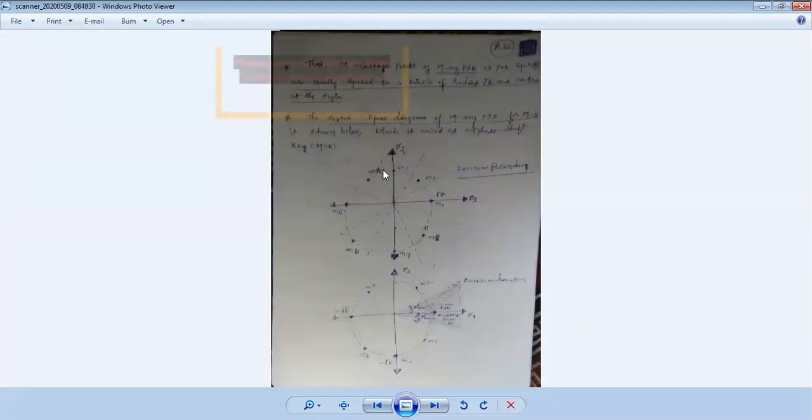This is the message point of a different phase value, and this is the distance between the two. The distance is given here, D12 and D18. So that means this is the equation of the signal space.